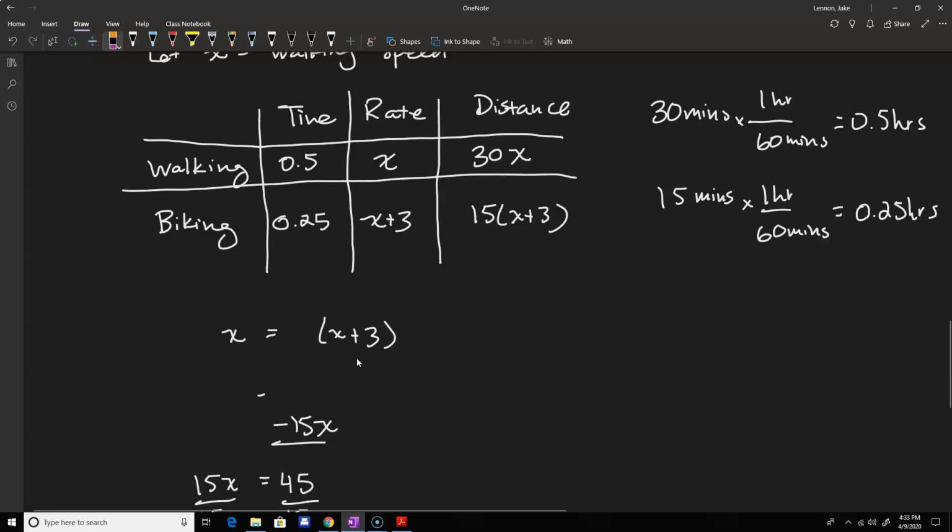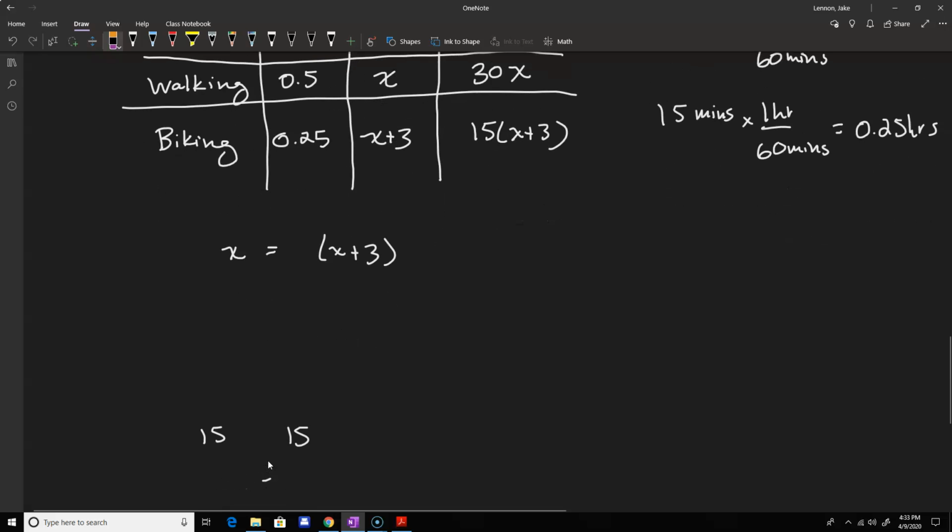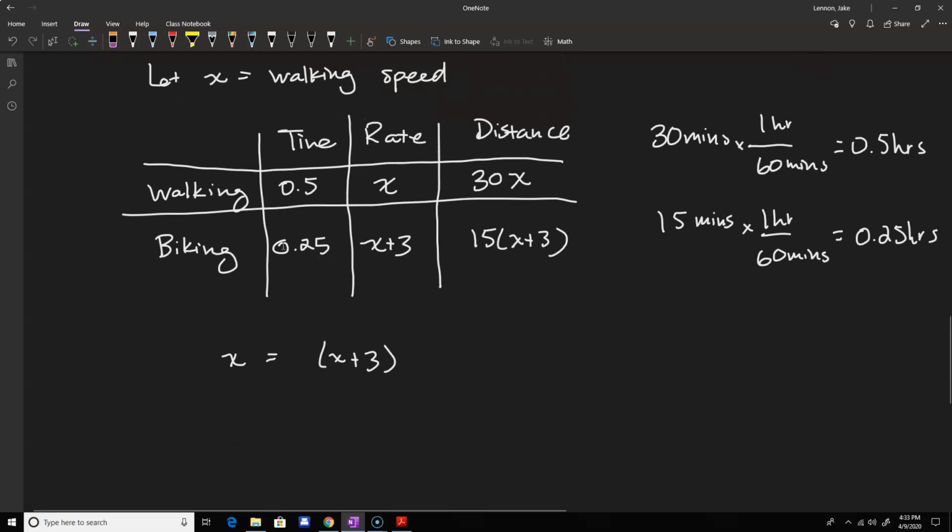So we had a little mistake, and I was actually thinking about that before I wrote any of this down. So I should have paused for a second there before I began. But okay, so I forgot to change the chart. So this will not be 30x, but will be 0.5x, and this will now be 0.25 times x plus 3.